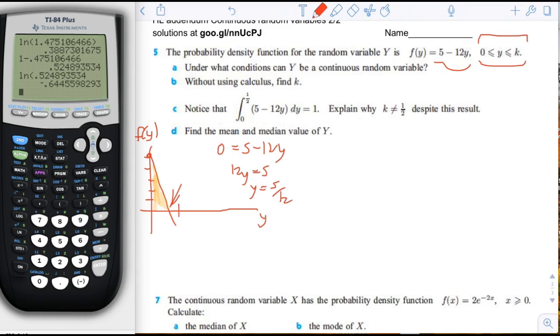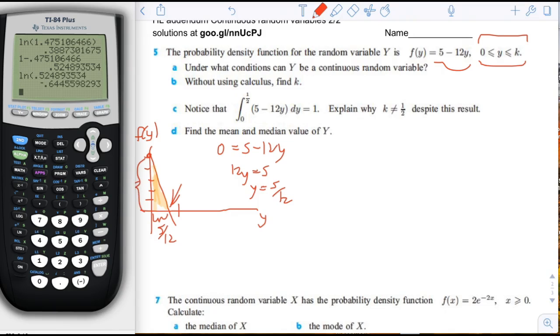And so basically the x-intercept in this case, it's kind of confusing because the x-intercept is y equals 5 twelfths, right? Is one side of the triangle. So the width of this triangle is 5 twelfths. The height of the triangle is 5.